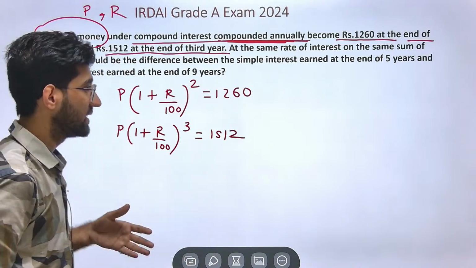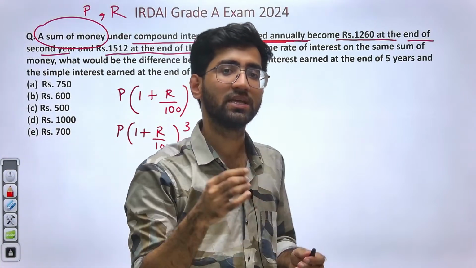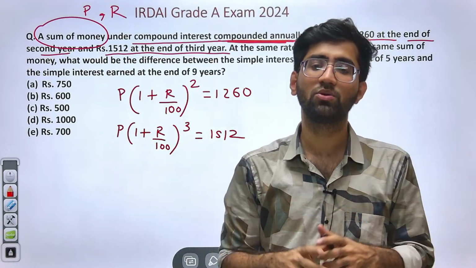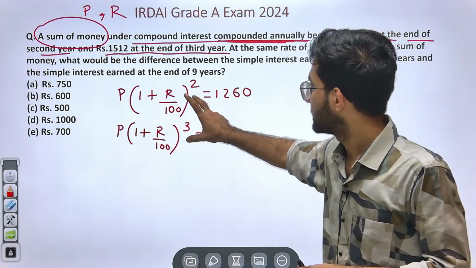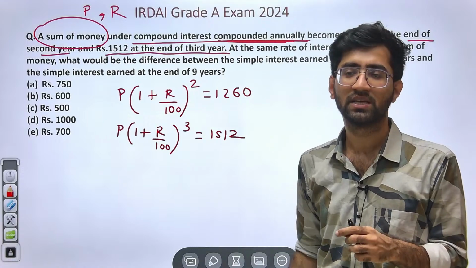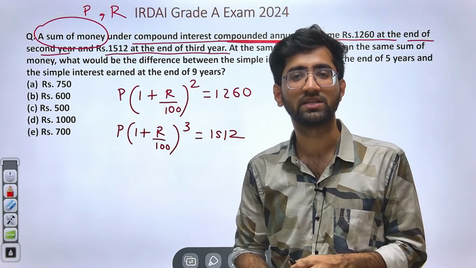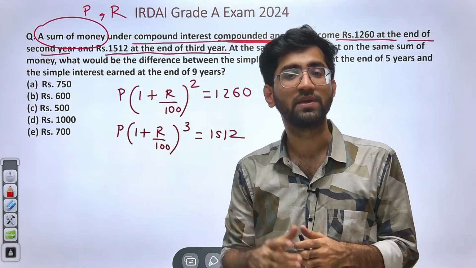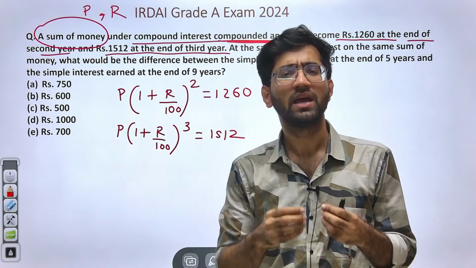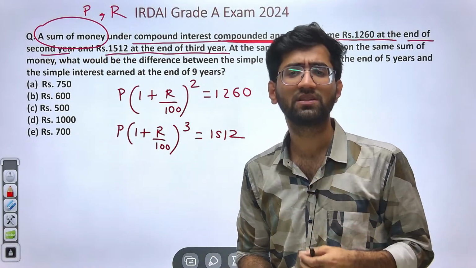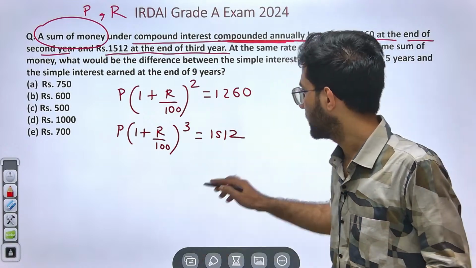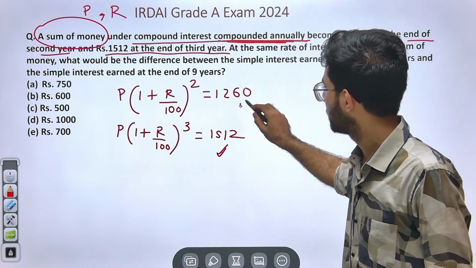So basically we have two equations in P and R. Are you able to notice one thing, that we can divide these two equations, and if we divide them we can eliminate P and hopefully find the value of R. So let us divide this equation by this equation.